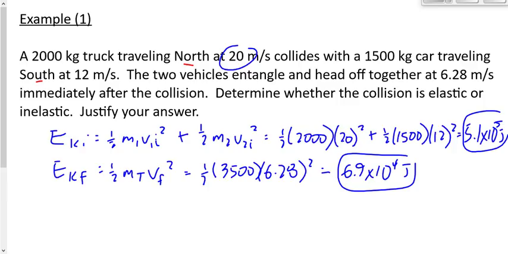But just a second justification that it's going to be inelastic: since EKI is greater than EKF, it is inelastic. Again, because they stick together, you wouldn't have to go through the math on this, but this is how you do go through the math if you're not sure.